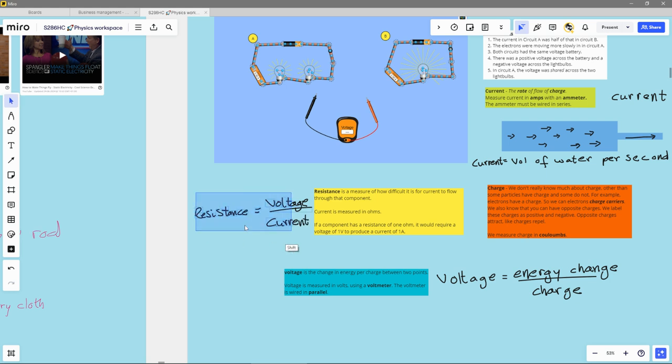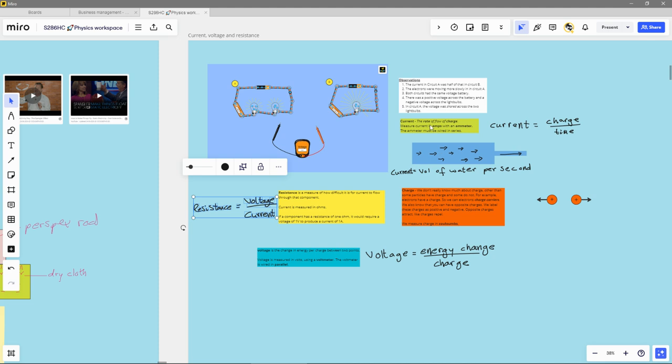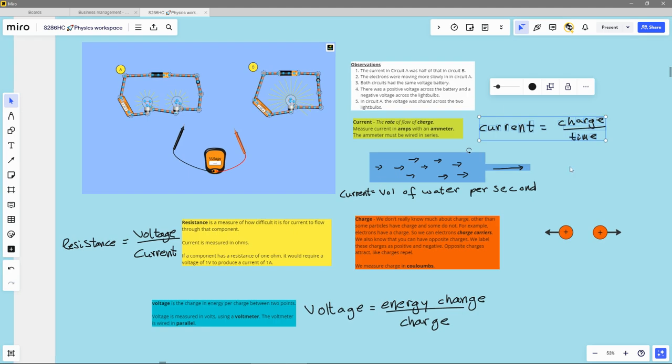Okay, so now what have we got? We've got a definition and understanding of current, resistance, charge, and voltage. We've got 3 formulae, one for current, one for voltage, and one for resistance.